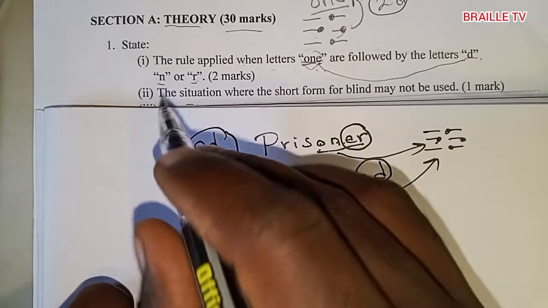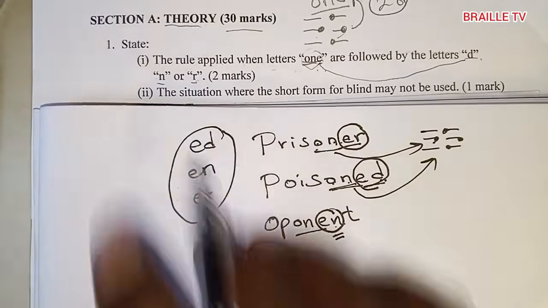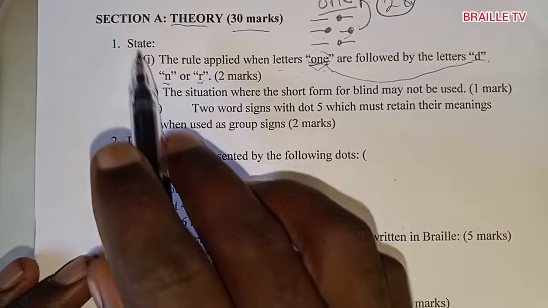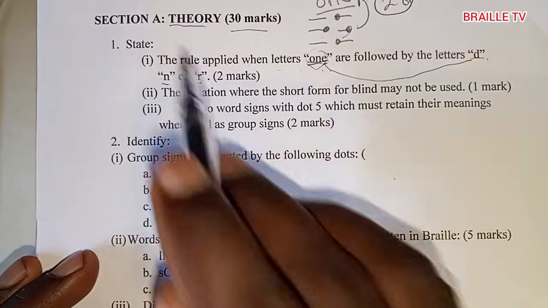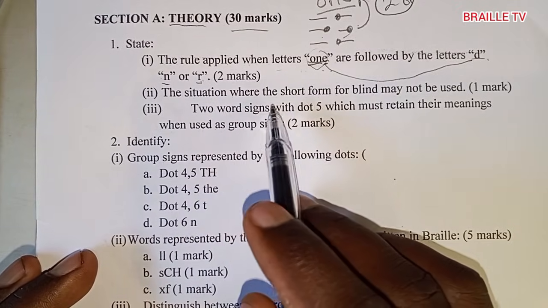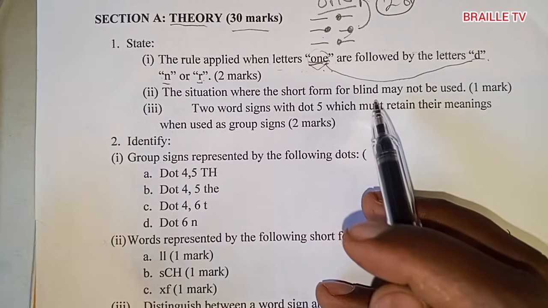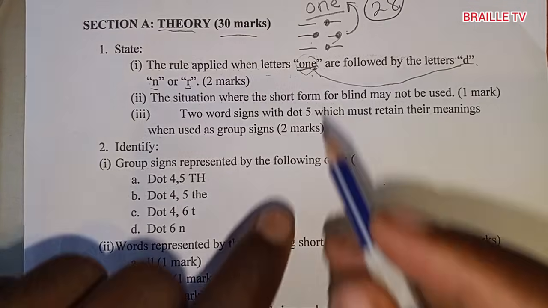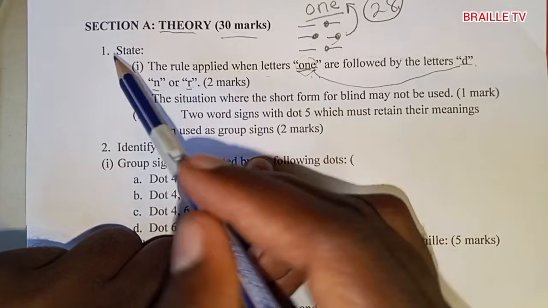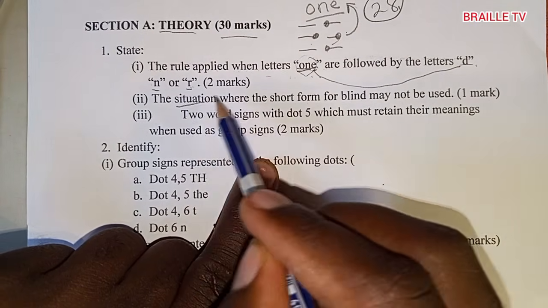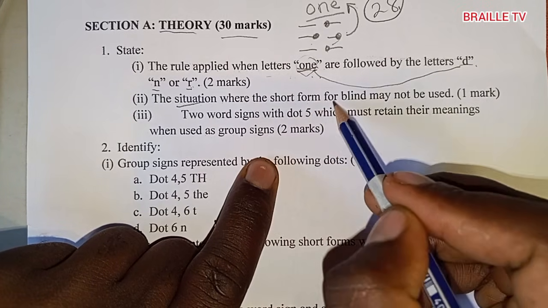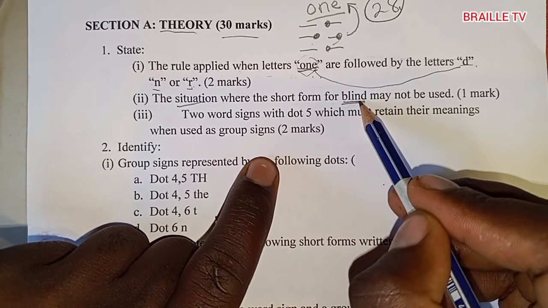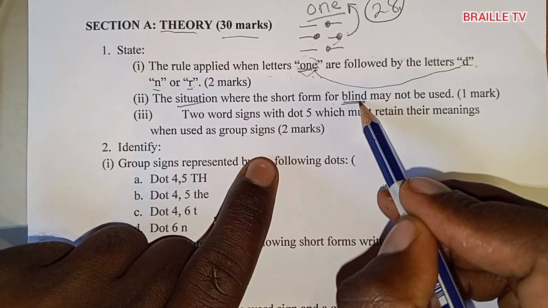Good. Now let us come to the Roman 2. Roman 2 asks the question which reads like this: state the situation where the short form for blind. Listen, teachers, kindly listen very carefully. We are told to state the situation where the short form for blind, the word blind. Now, this one does not refer to a person, but it's a word blind.